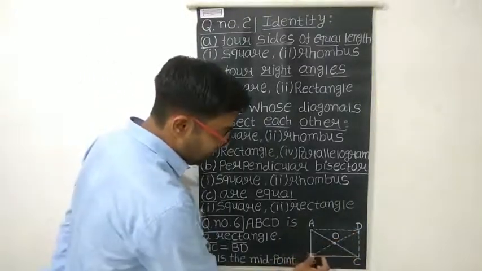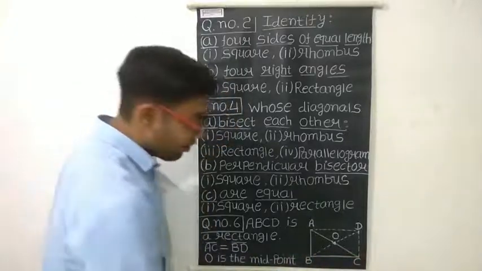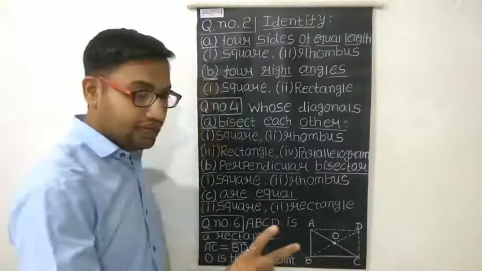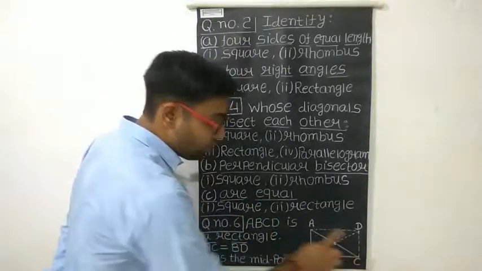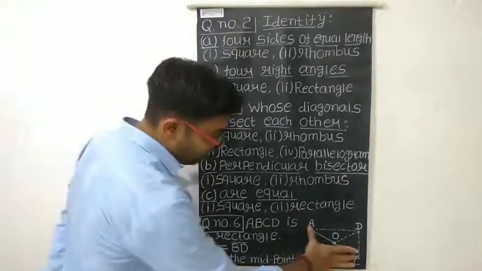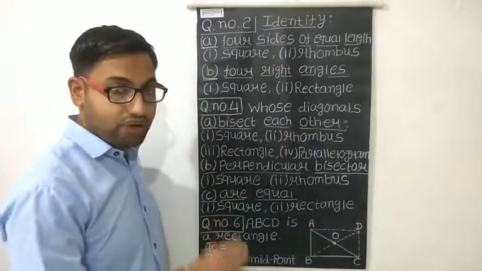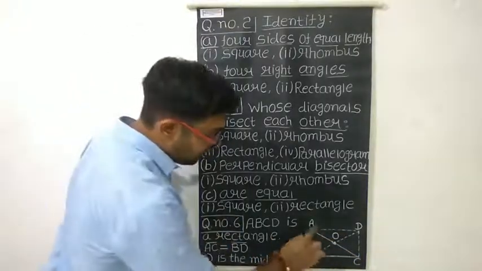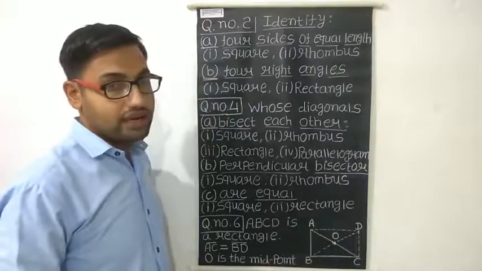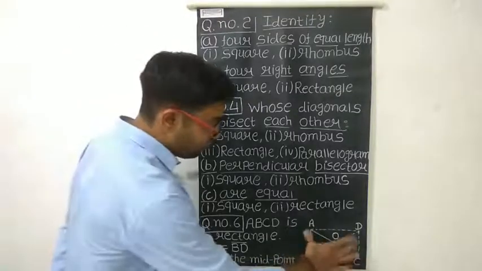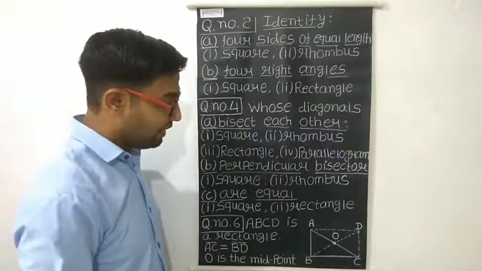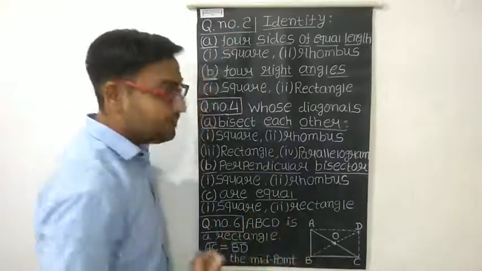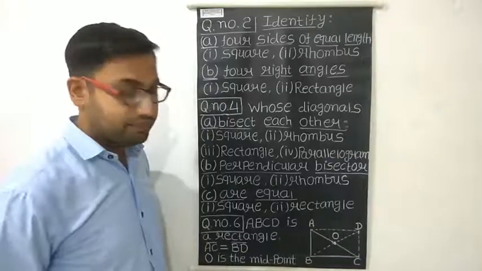As the addition of two adjacent angles is 180 degree, this is 90 degree, this is also of 90 degree. And according to the opposite angle property of a quadrilateral, this angle is also of 90 degree. Right? So all the four angles are of equal value, that is 90 degree. That is why ABCD is a rectangle.